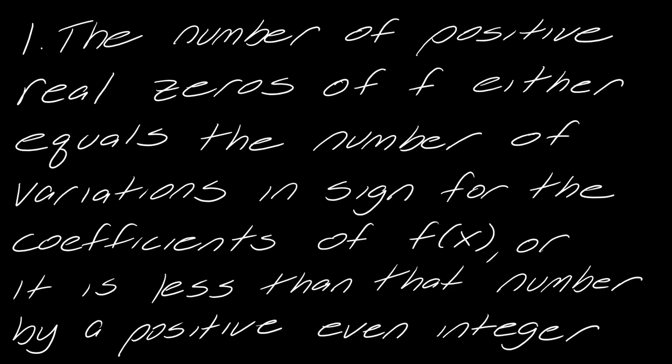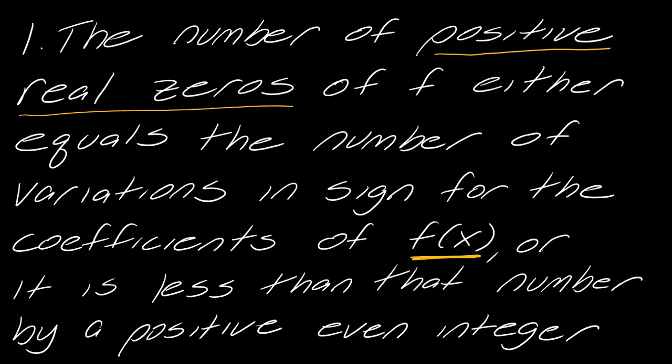Positive real zeros are positive numbers that make f of x equal 0, and the test you perform is looking at the sign changes for f of x. The last part, less than that number by a positive even integer, is talking about possibilities, ways to determine different possible combinations of zeros.